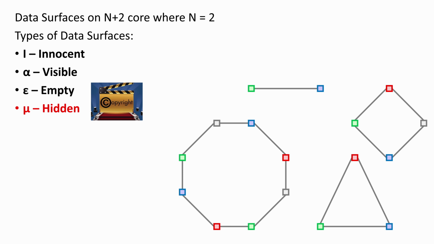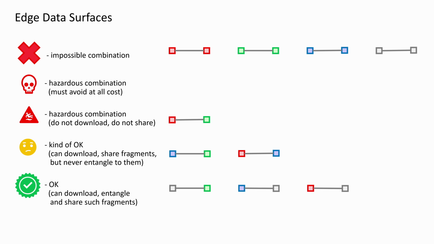One might think most times we cannot distinguish between an empty data surface and a hidden data surface, but this isn't true. Let's go through the logic of low-level sharing rules, which shield users from participating in any traceable illegal activities. First, let's examine the edge data surface.